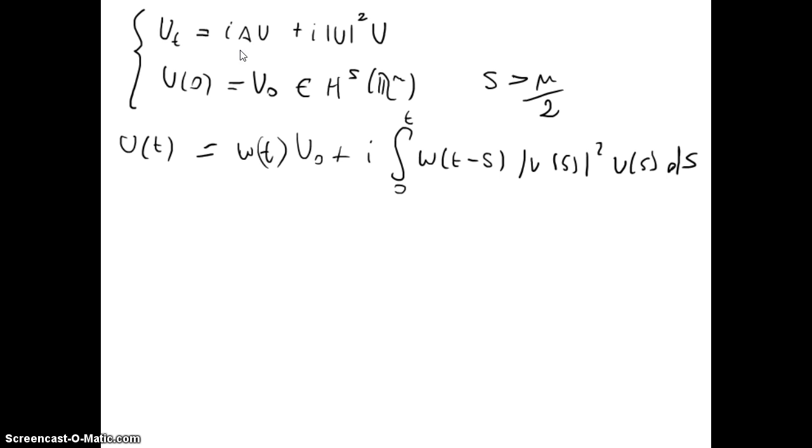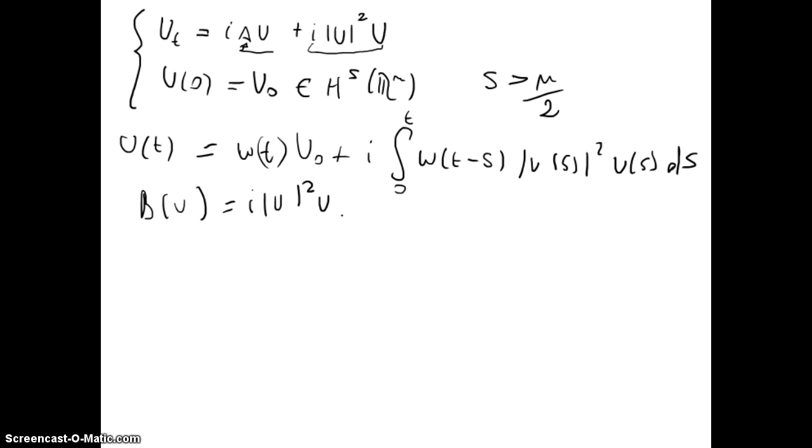So we have an adjoint operator here, and we want to know if what we call here B(u), let's say i|u|^2 u, is Lipschitz. We want to know if it is Lipschitz in H^s(R^n).